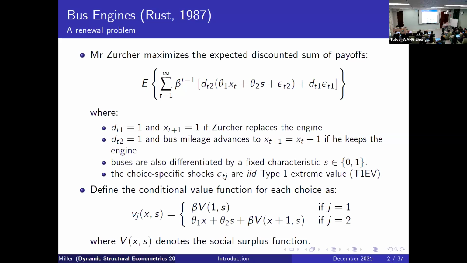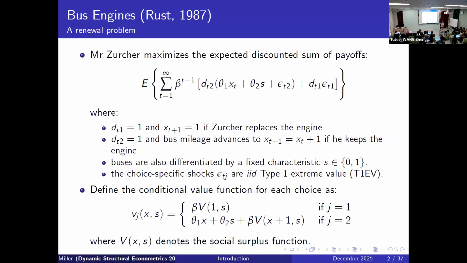He's choosing one of these two actions, and before he sees today's epsilons, he's thinking about how to maximize this expected thing, which I'm going to call the social surplus function. Buses in this case are going to be differentiated by a fixed characteristic.